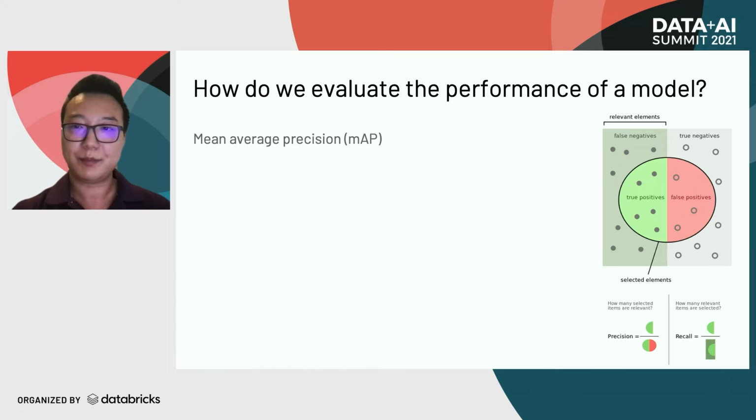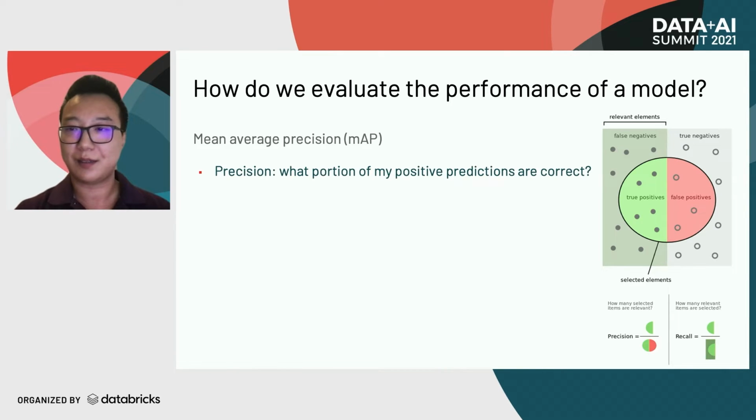So the next step is calculating the actual metric that we're interested in. And for object detection, the metric that people usually use is called mean average precision. And to understand this metric, we first need to understand some submetrics, let's say. So the first is precision, and precision basically tells us how good our model is at predicting positive predictions.